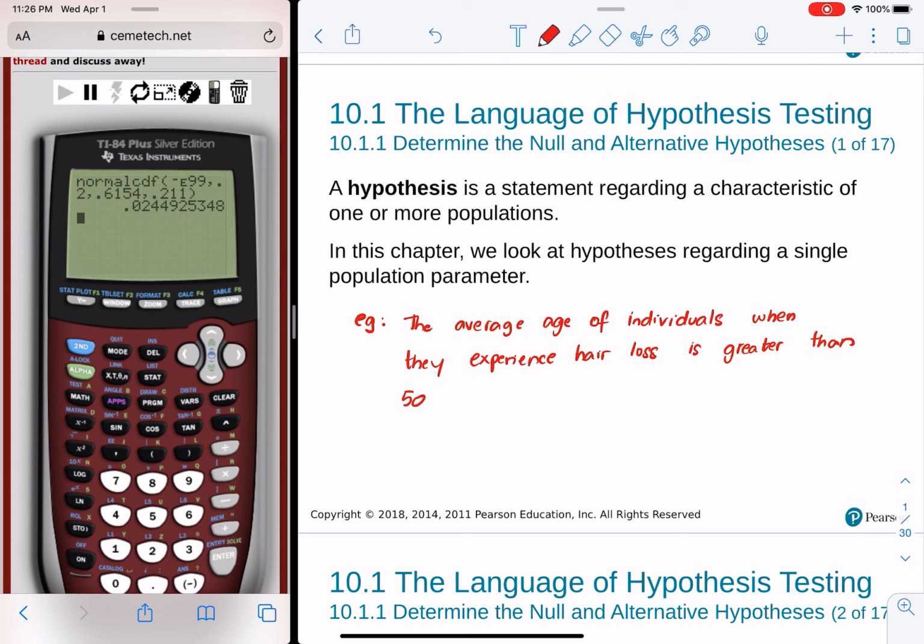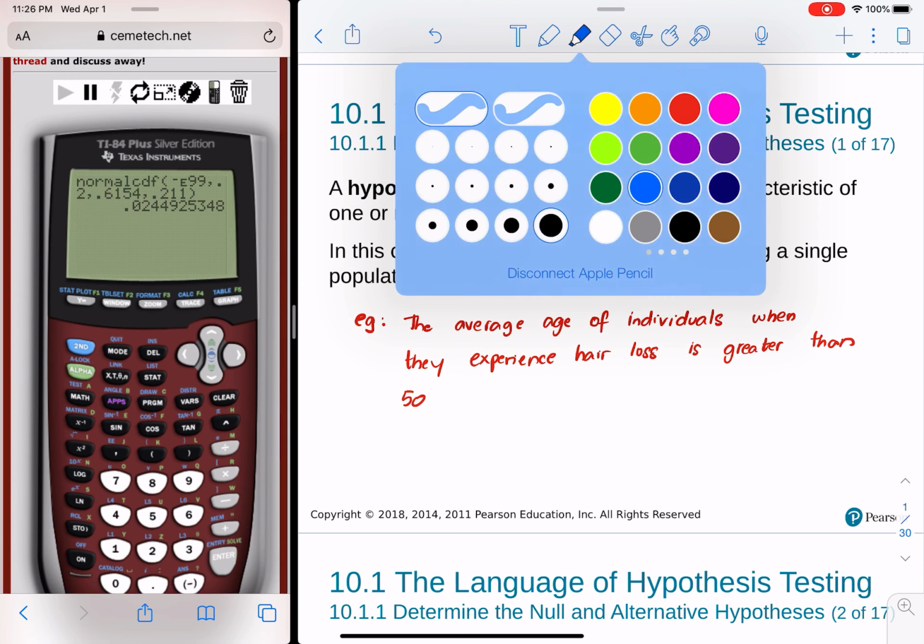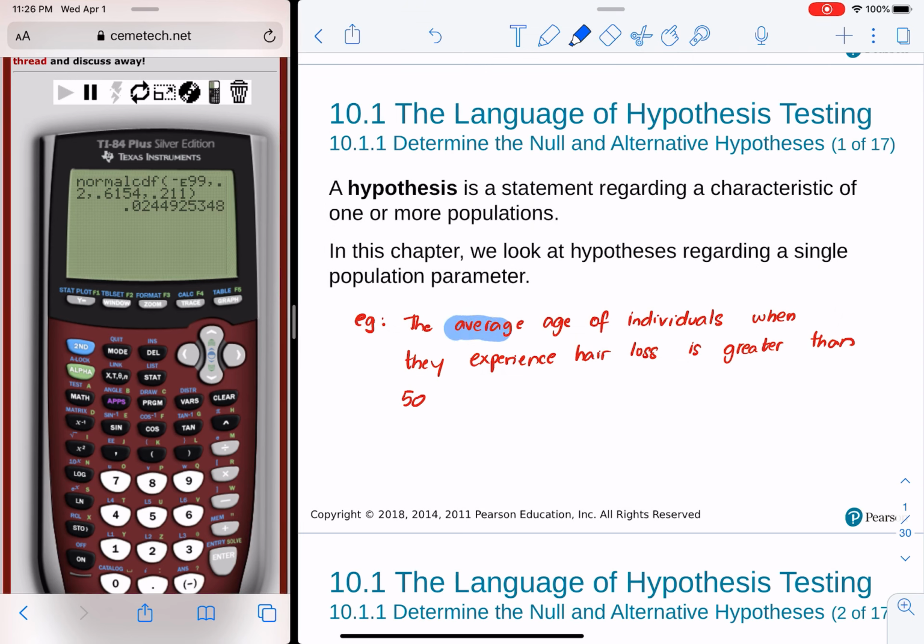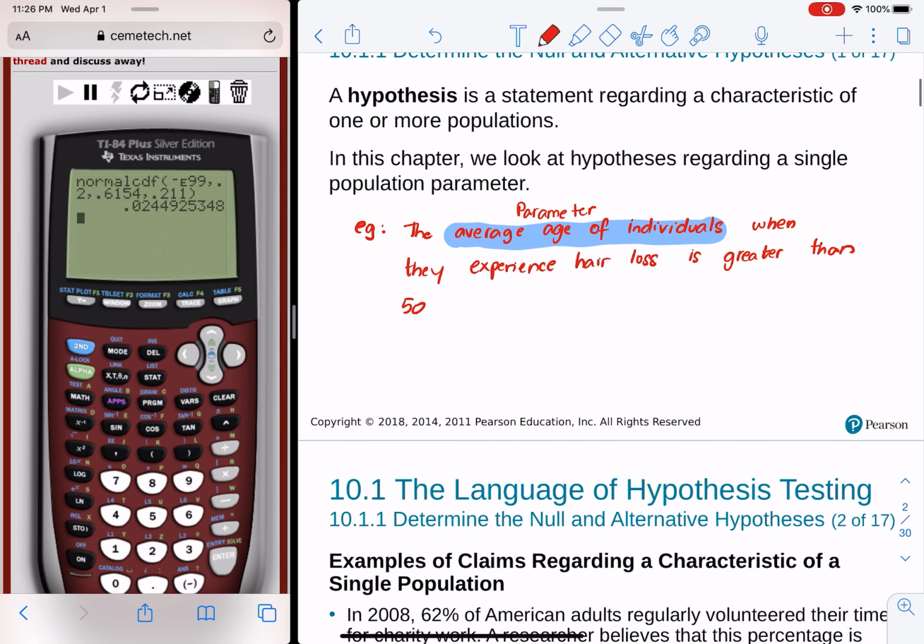This is a hypothesis about people losing hair. We are making a very specific claim about the average, and that is the parameter. And the claim is that the average age is greater than 50.